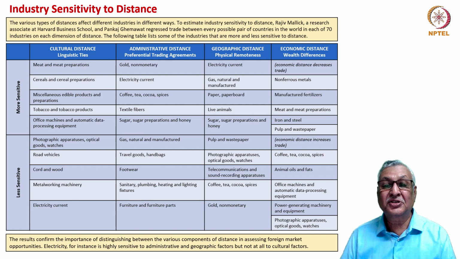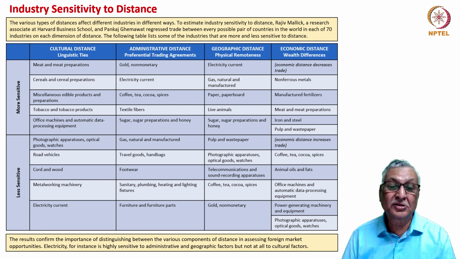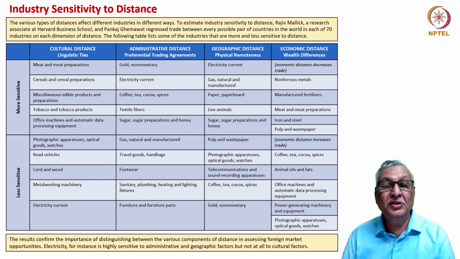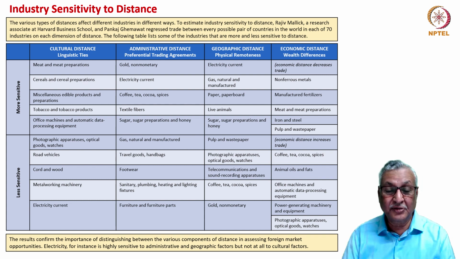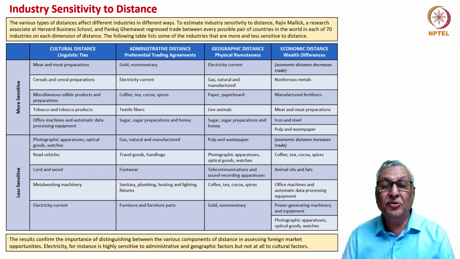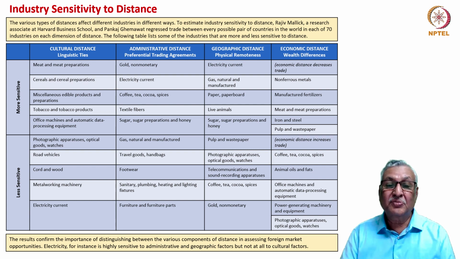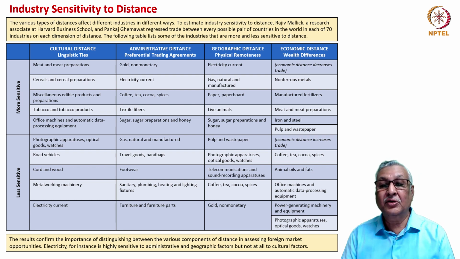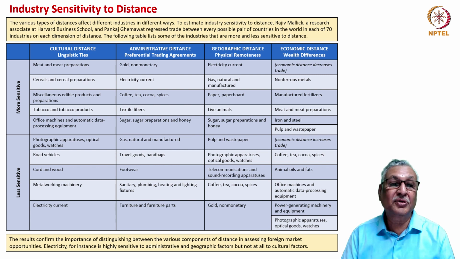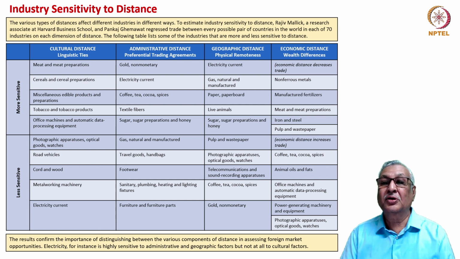India and Malaysia had certain ties with reference to palm oils, and those have to be restructured in recent times, and that has led to some kind of imbalance in the import-export position between the countries. Similarly, we have got several preferential trading agreements which govern several commodities, be it the agriculture products that are listed here or even crude oil. So it is important to see how administrative distance and the preferential trading agreements impact certain products.